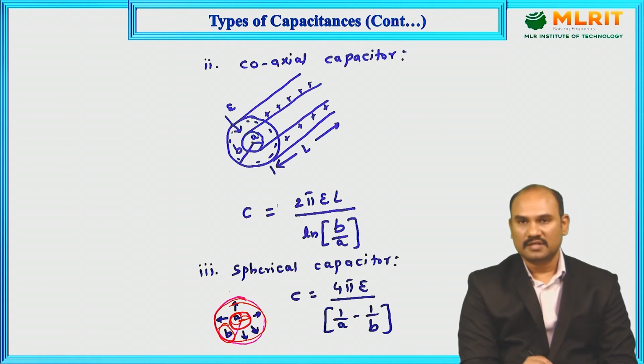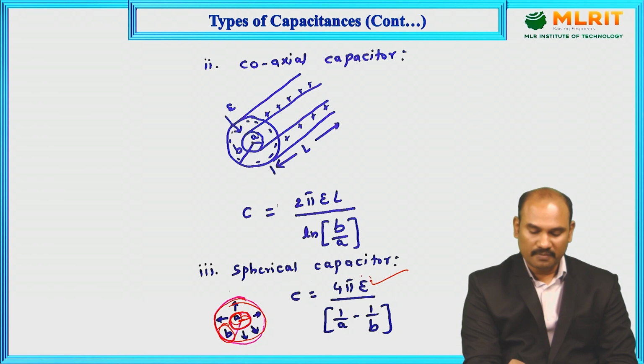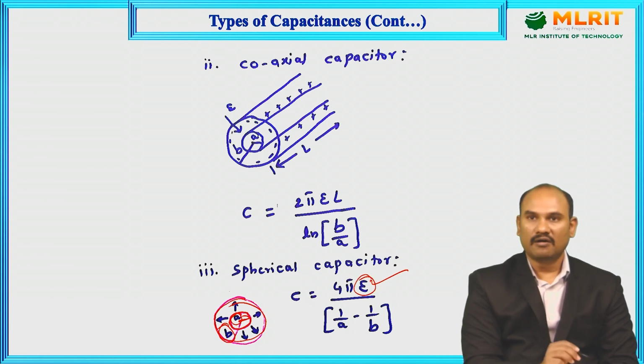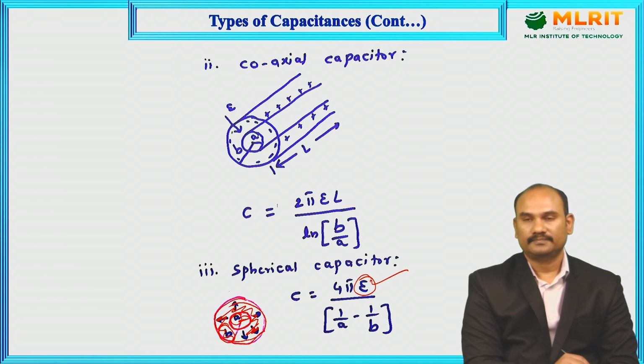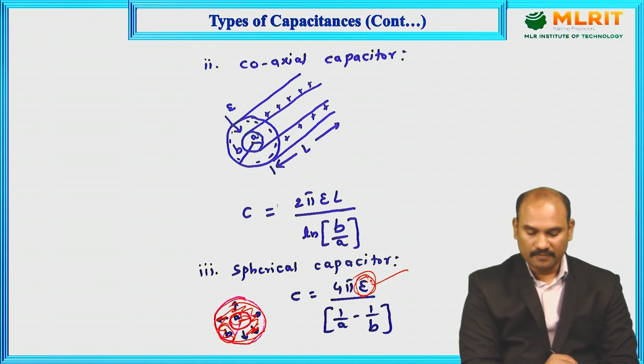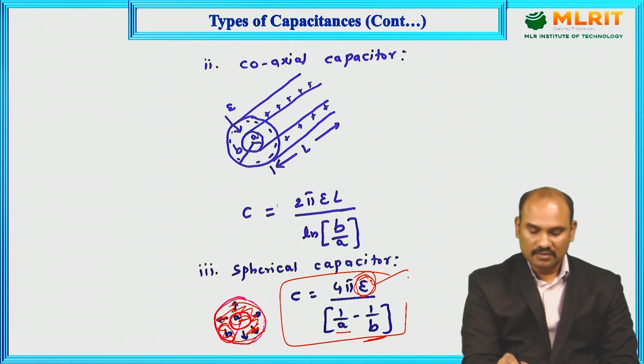Now, what is the capacitance? 4 pi epsilon, where epsilon is the electric permittivity of the material filling the region between the two spheres, divided by 1 by A minus 1 by B. So this is the formula for the spherical capacitor.